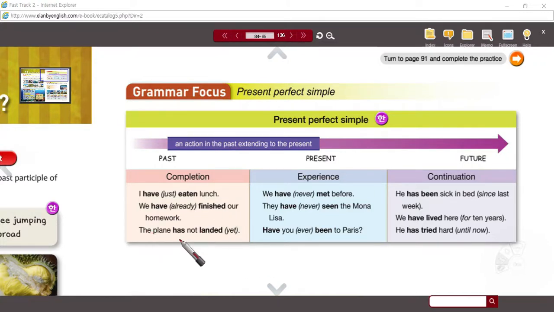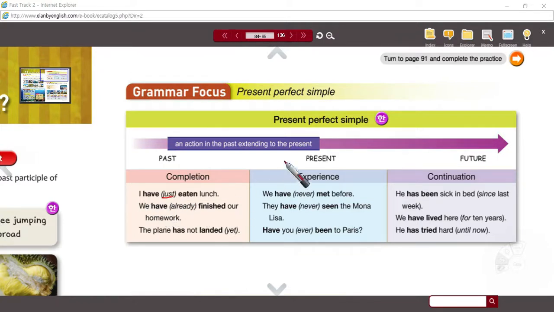Okay. Or things that haven't happened. So the plane has not landed yet. It didn't land before. It hasn't landed now, or isn't landing now. And in between, there was no landing of the plane. So it's something that has not happened. Okay. The first example, I have just eaten lunch. Okay, or I've eaten lunch. Okay, so that conveys two different meanings to me.